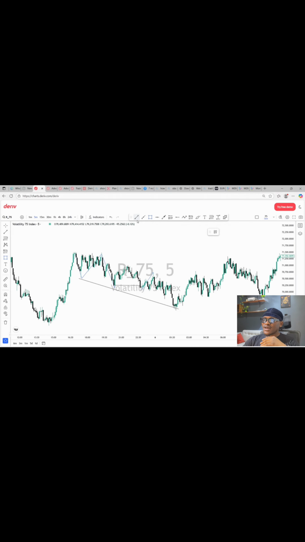Okay, so in this case we have it here. So basically this is where we should mark as our supply zone, because this right here was the last candlestick before the movement that broke this structure. Okay, so all of that area is our supply zone.